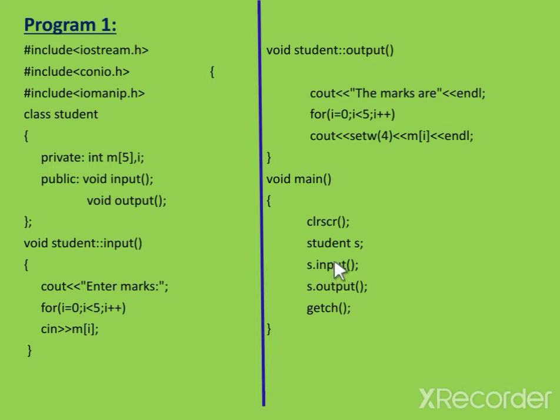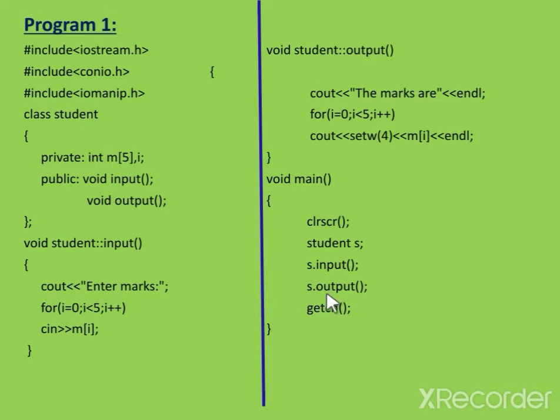And these functions should always be operated through an object of the same class. See here, the first call s dot input allows us to enter marks of the student to the object s. And the second call s dot output allows us to display the entered marks through the object s.